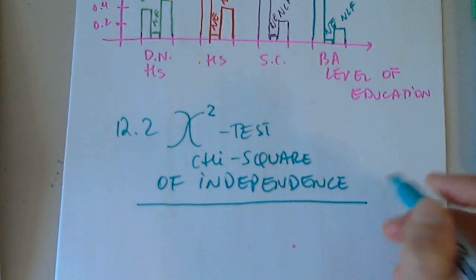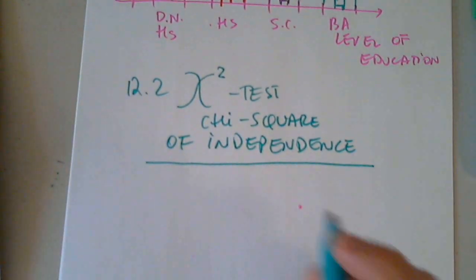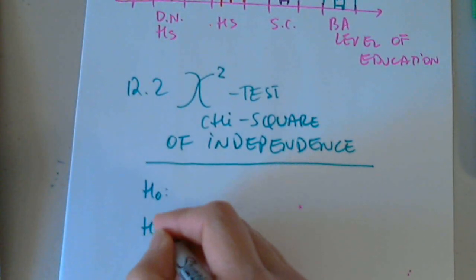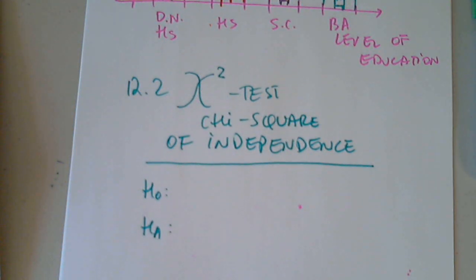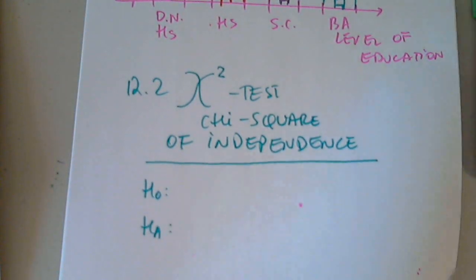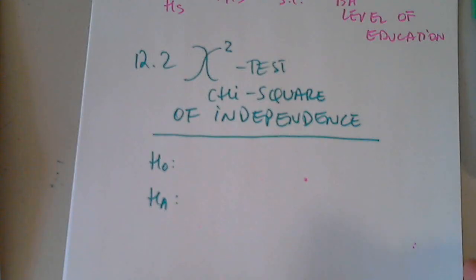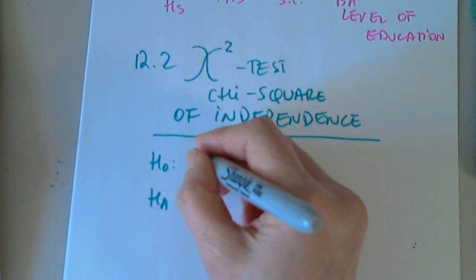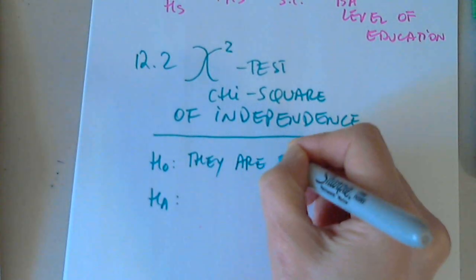What does it mean? What are we trying to do here? We're trying to say the same, the alternative and the null hypothesis. We're trying this time to see whether there is an association, a relationship between two variables, the column and the row variable, if they are independent or not. So the null hypothesis will be exactly, they are independent.